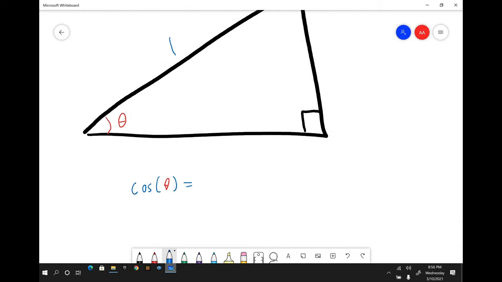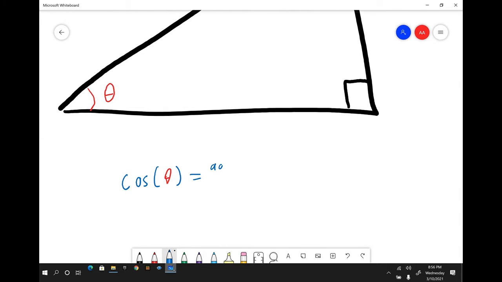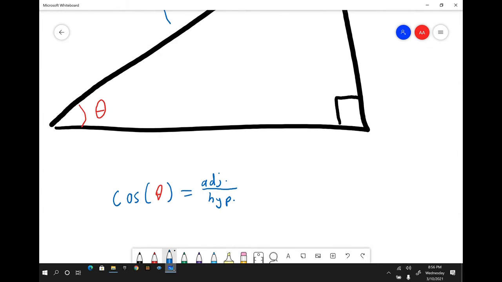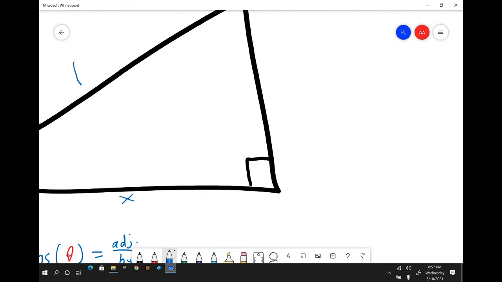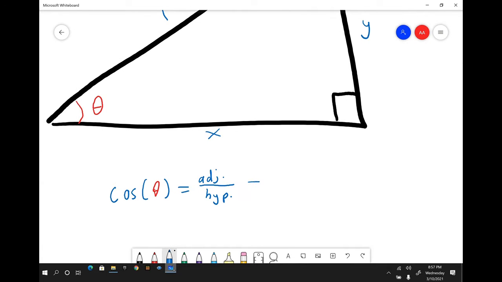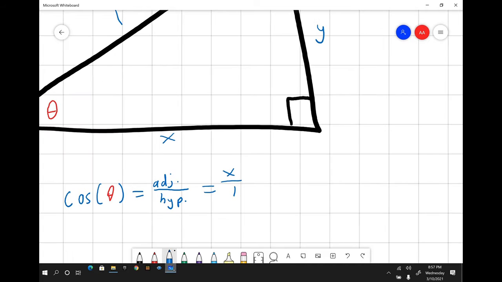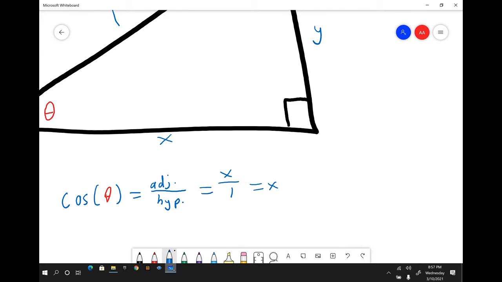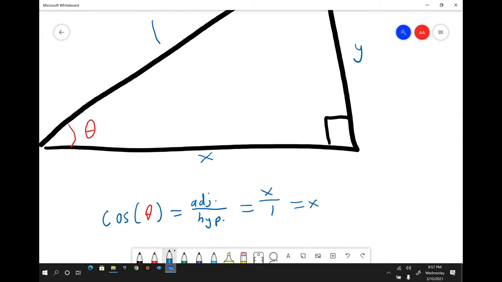We know that we'll have a cosine of theta being equal to the adjacent side over the hypotenuse side. So I'm going to call this side length x and this side length y. And we can say that the adjacent over the hypotenuse is equal to x over 1, which is equal to x. And that means that this adjacent side length is equal to the cosine of theta.